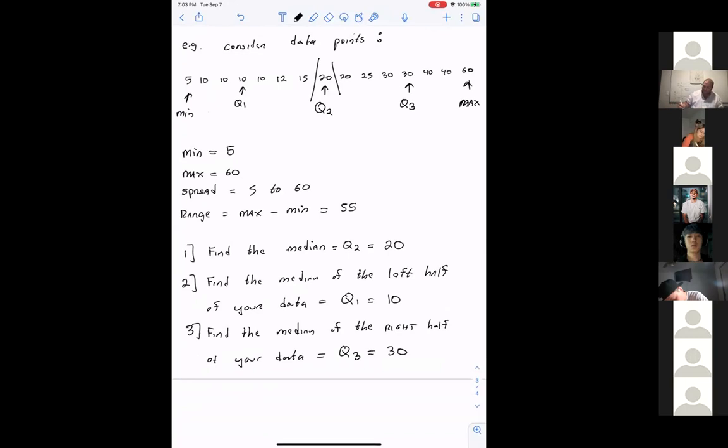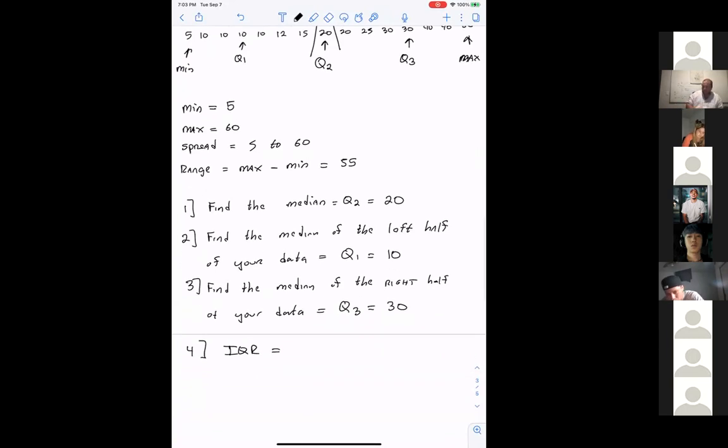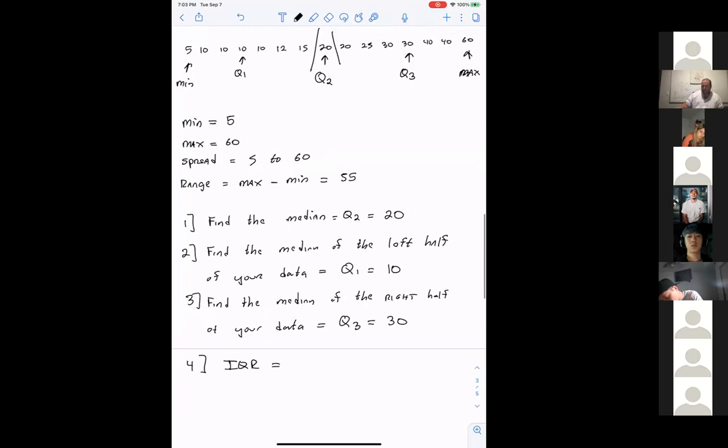So step 4, the IQR is defined. Can anyone take a guess as to how the IQR is defined? It is the interquartile range, so think of how range is defined, where these Qs stand for quartile: the first quartile, the second quartile, the third quartile.